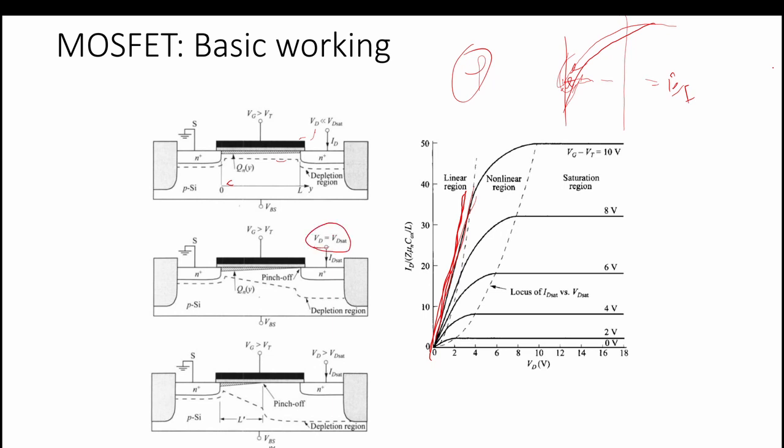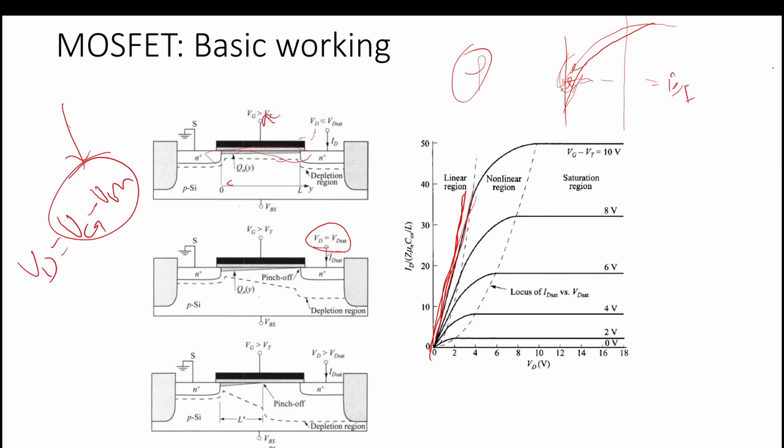The saturation voltage is VD equal to VG minus VTh. VG minus VTh is the gate overdrive, whatever voltage we are applying extra after the creation of the channel. The channel is created at VT.